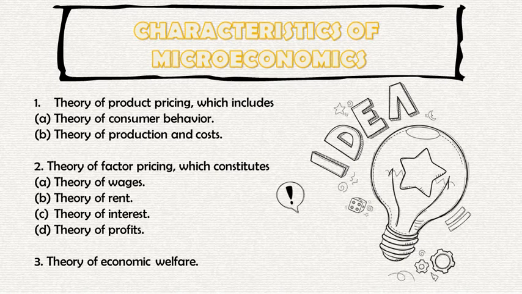Okay? And for the last, economic welfare. So, dito naman, it deals with the goods for everybody. 'Di ba? Ano ba yung makakabuti sa society? Ano ba yung makakabuti sa community? So, yan. Like, for example, 'di ba ngayon, we are facing the coronavirus, which leads to a pandemic.